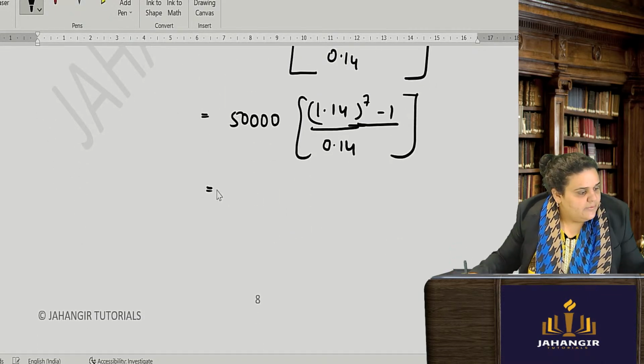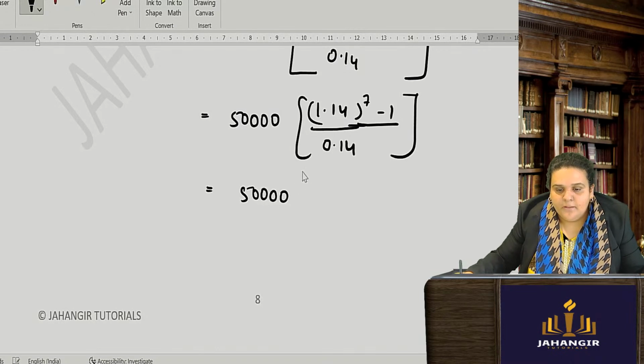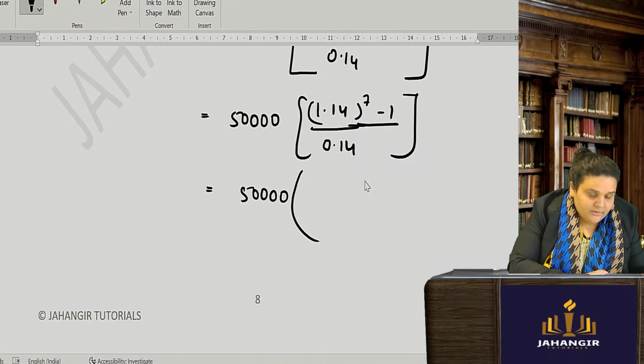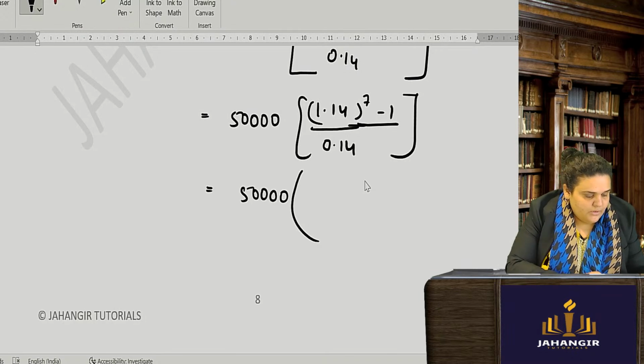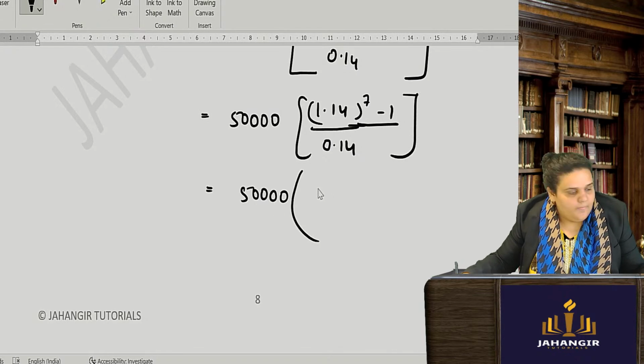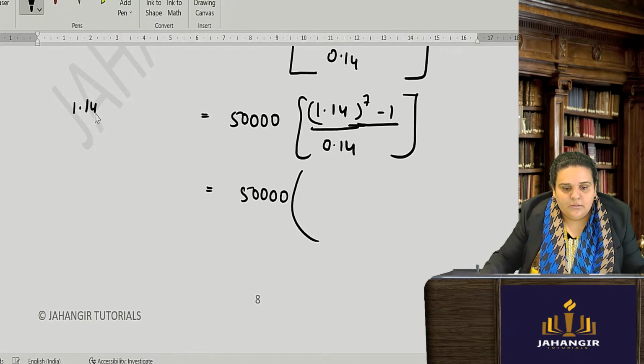So you'll have to calculate this. 50,000, 1.14 raised to 7 means you multiply 1.14 by itself 7 times. So 1, 2, 3, 4, 5, 6, I've done it 6 times. Do 1.14 into 1.14 and then press equal to sign 6 times.